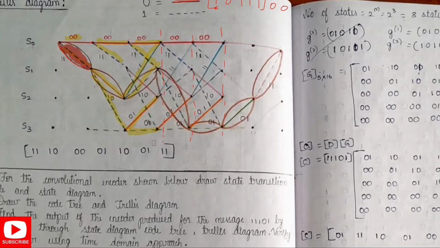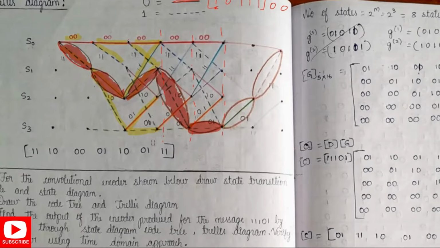Next I have to move from S1 to 0. So S1 I have to move in a straight line. Next in S2 I have to move in the dotted line. Next in the 1 again I have to move in a dotted line. So again I will move in a dotted line. This completes this. Next again in the 1 I have to move to dotted line. Again it is dotted line.